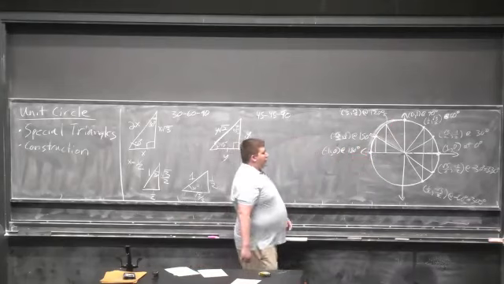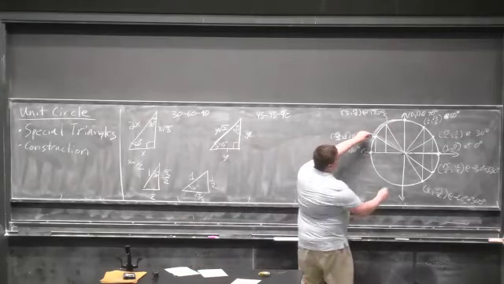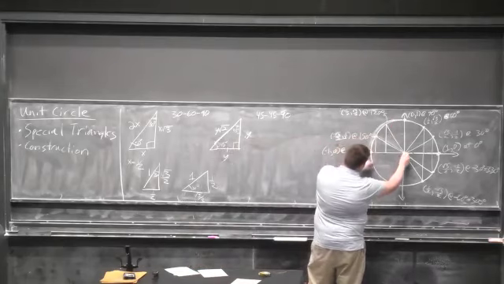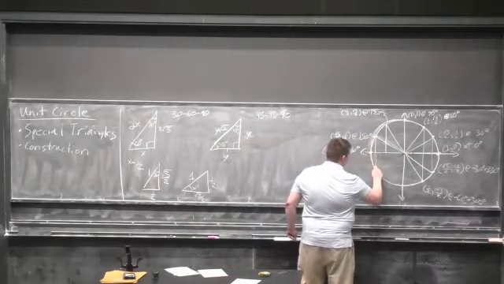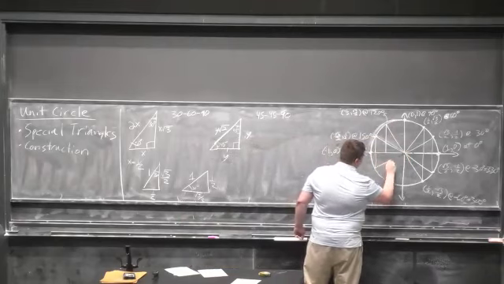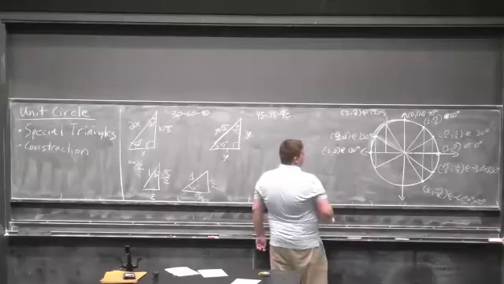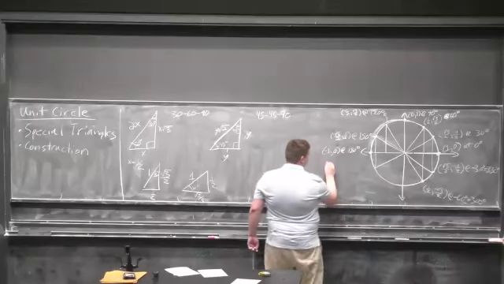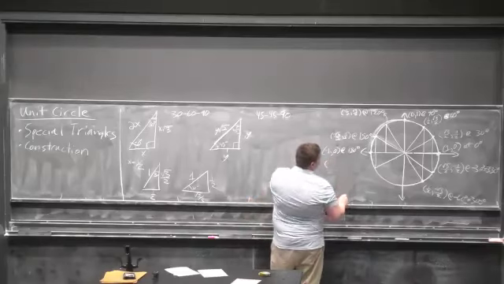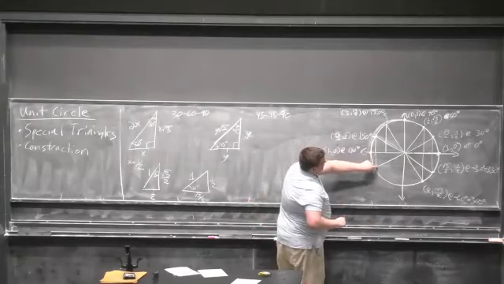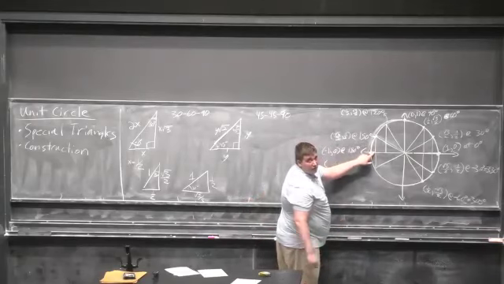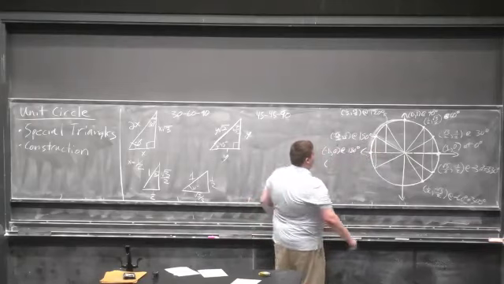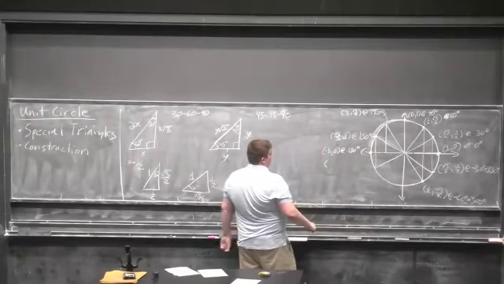Well, let's follow this around. We're again going to pick up this point, put it down here, and we get a negative height and a negative distance from the origin with respect to x.